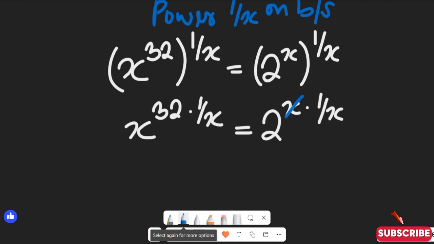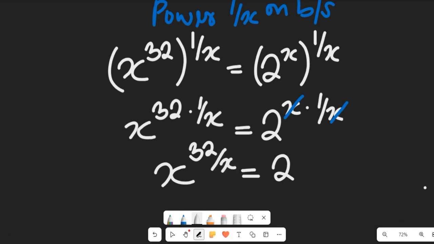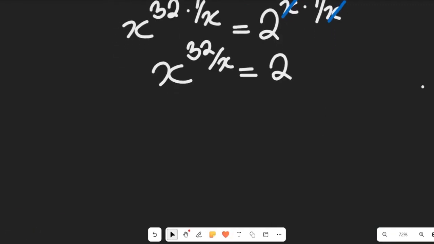From this expression, x will cancel out x, and that will be equal to 2. And we will have this become x to the power of 32 divided by x. Great. Now from this expression, we can simplify.